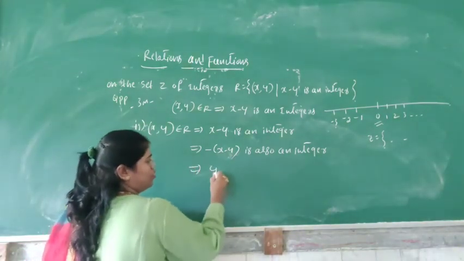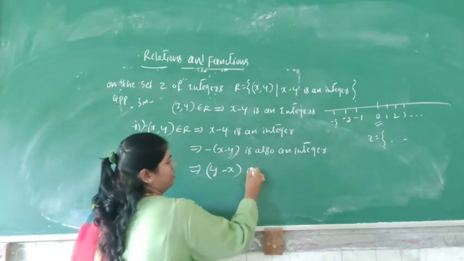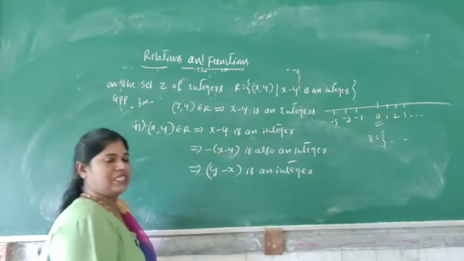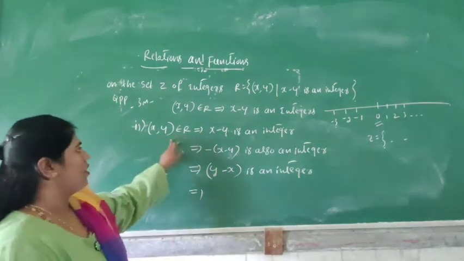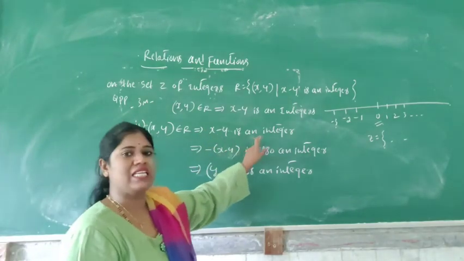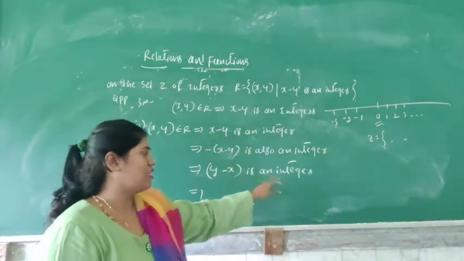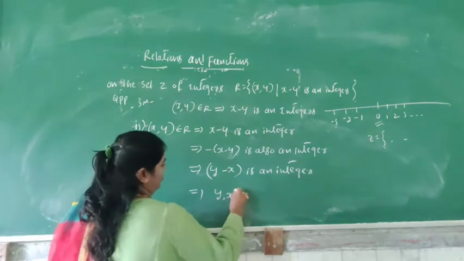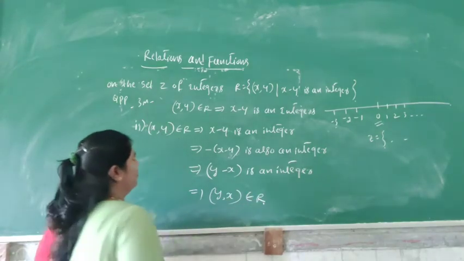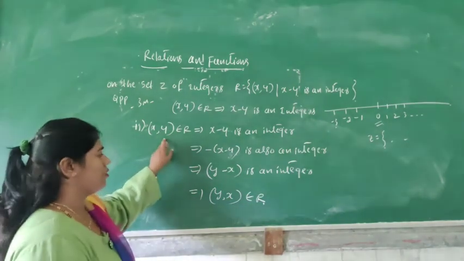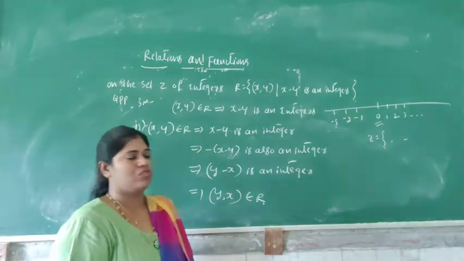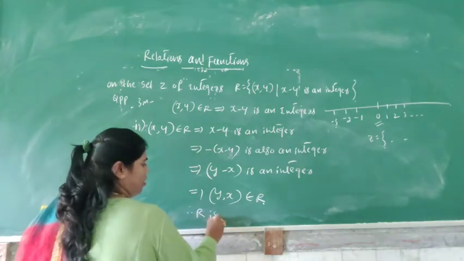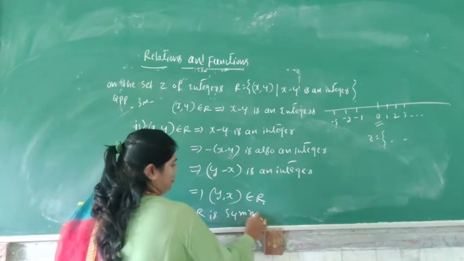How are you going to write this one? y minus x is an integer. So xy belongs to R means x minus y is an integer. y minus x is an integer means yx should belong to the set R. So this condition is satisfied: xy belongs to R implies yx belongs to R. Therefore R is symmetric.